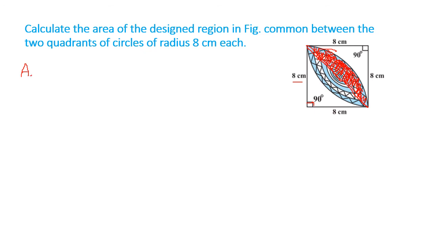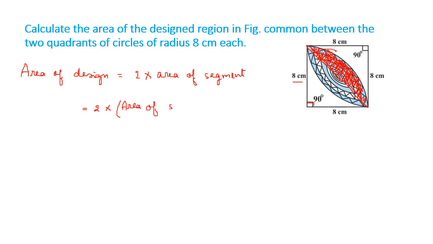So, I am writing here, area of design is equal to 2 times the area of the segment. Can you see which segment I did? The red color portion is a segment. How to find the area of segment? So twice. How to find area of segment?